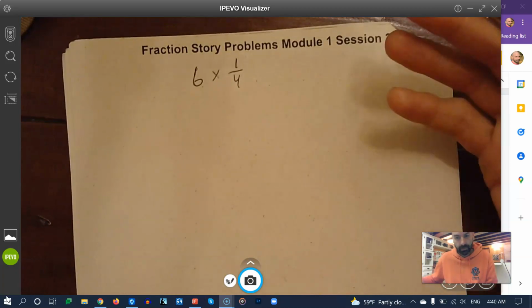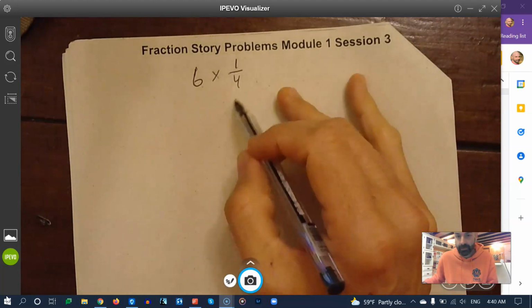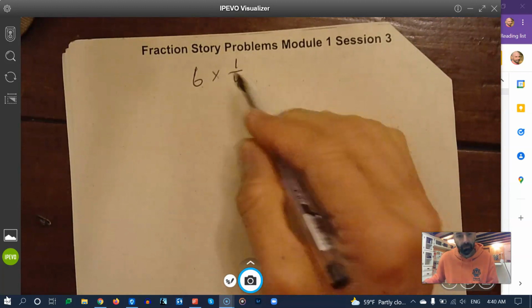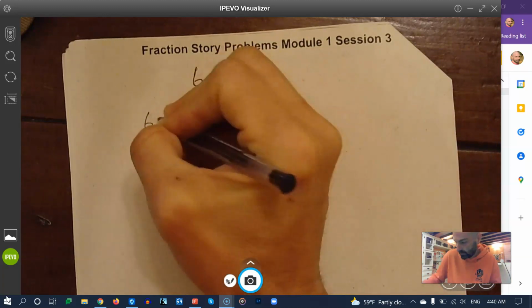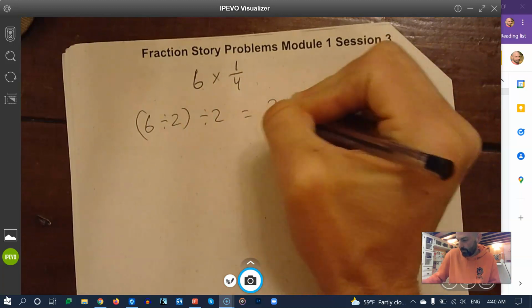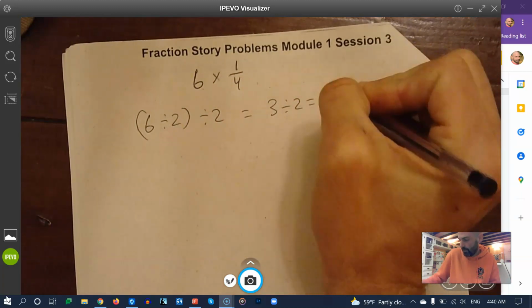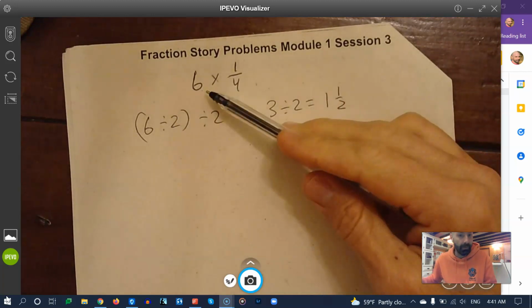All right, so hopefully you looked at your poster, your mini poster that we made yesterday, and maybe the first instinct was, well, I could do half and half, right? When we do have a quarter, I can make 6, I can do 6 divided by 2, which is 3 divided by 2, which is 1.5. That was one way you could do it. You could do repeated addition, right?